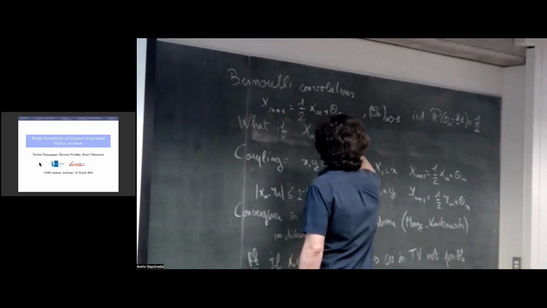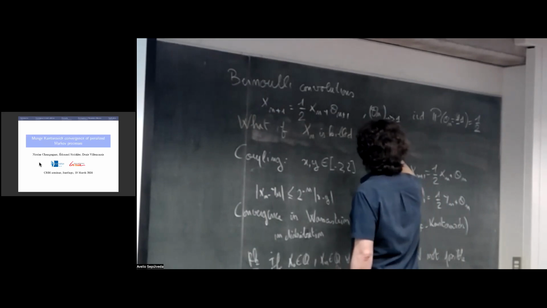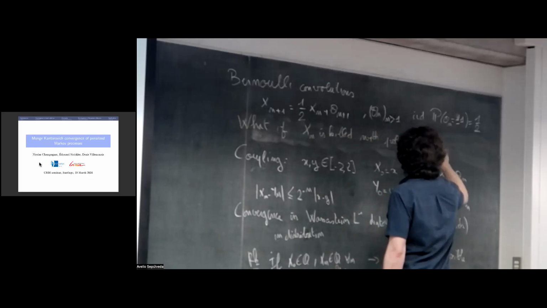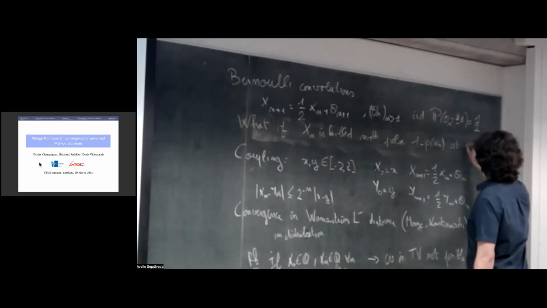What if xn is killed with probability 1 minus p of xn, say, where p is some function, at each time n?